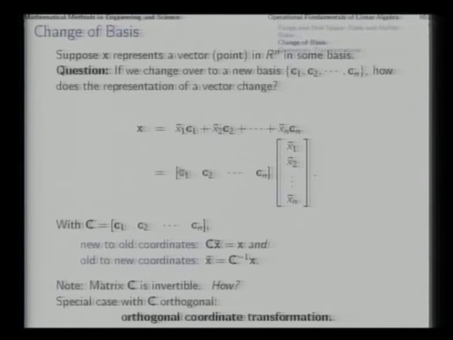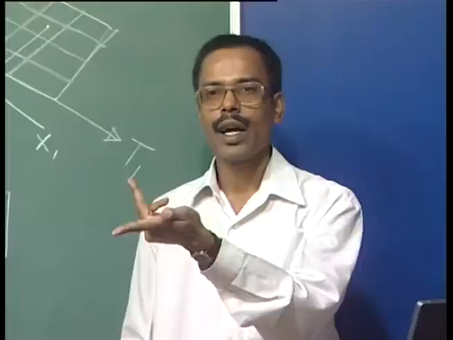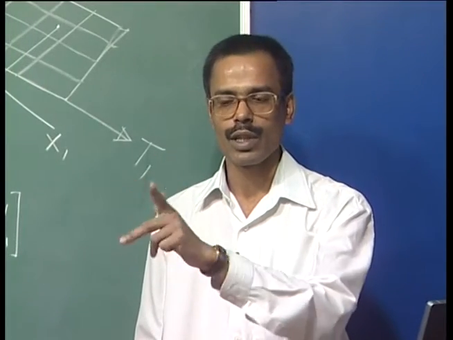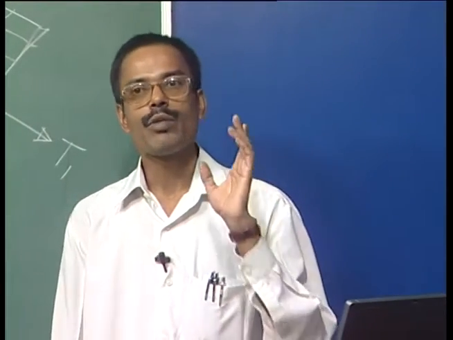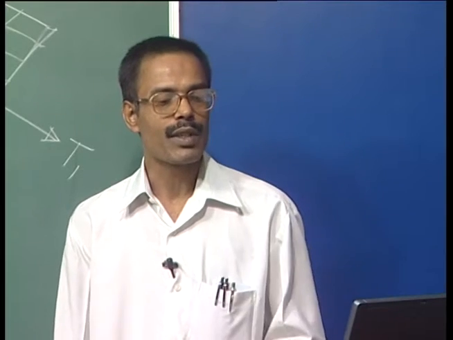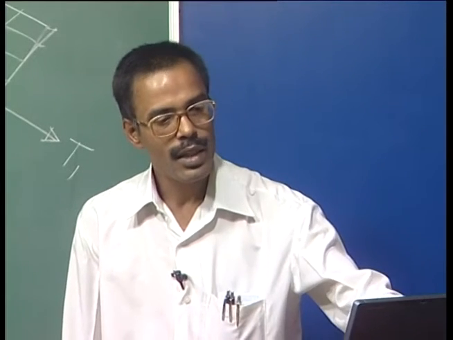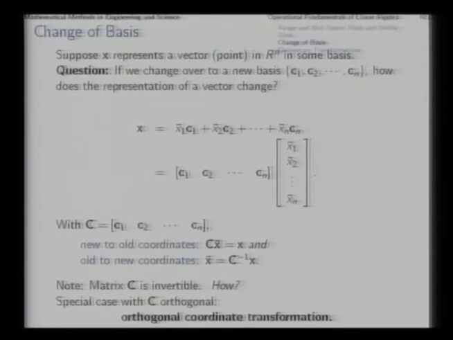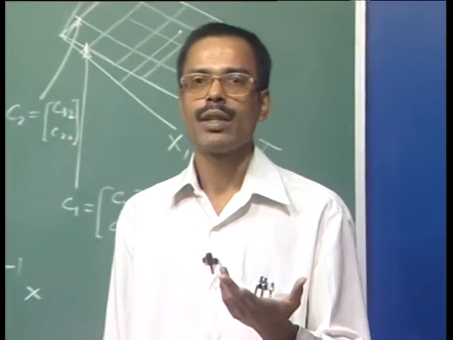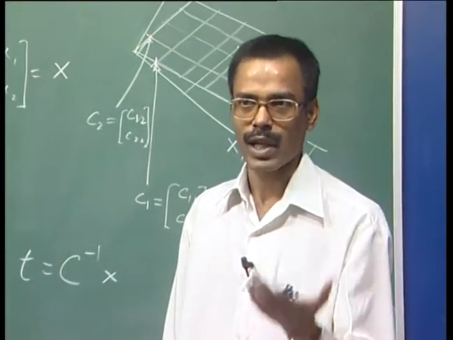That means, in that case the basis members will be all unit vectors and mutually orthogonal, and that means it will be an orthonormal basis, and in that case this type of a basis change we call an orthogonal coordinate transformation.